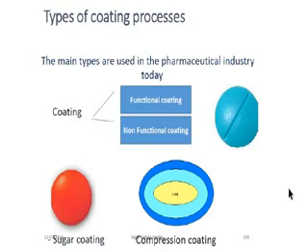For example, if your coating material has pH dependent solubility, then at a particular pH itself it will get dissolved. It is called a functional coating. And the other one is the non-functional coating. It means there is no interference of that coating material on the properties of your tablet. Then it is called a non-functional coating.